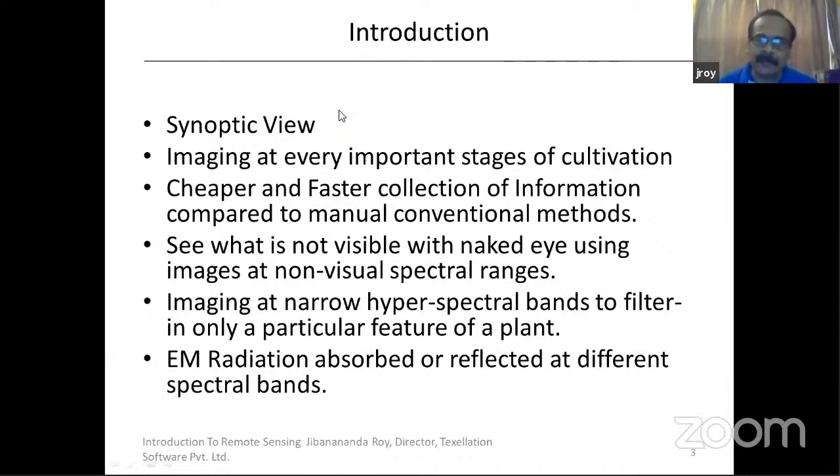But when you use satellite images, it takes images at multiple spectral bands. It could be the infrared band, the thermal infrared band, the middle infrared, or the shortwave band, because the electromagnetic spectrum is huge.